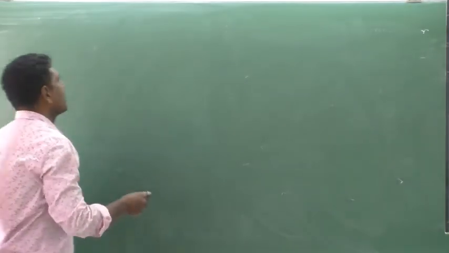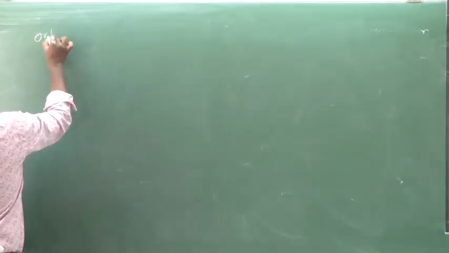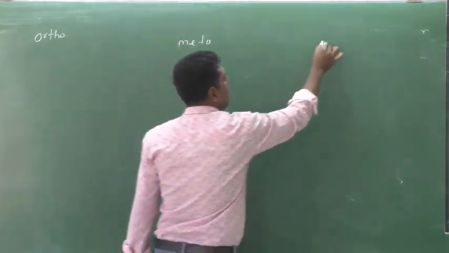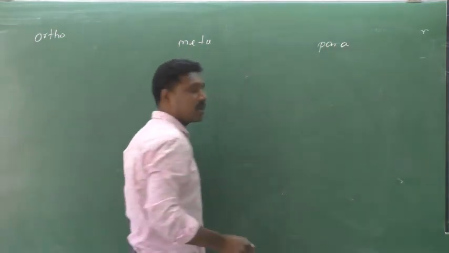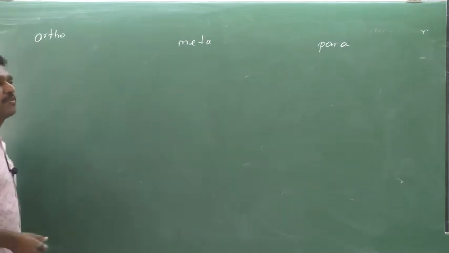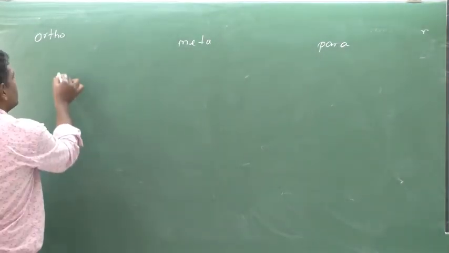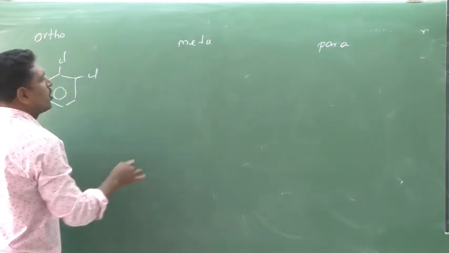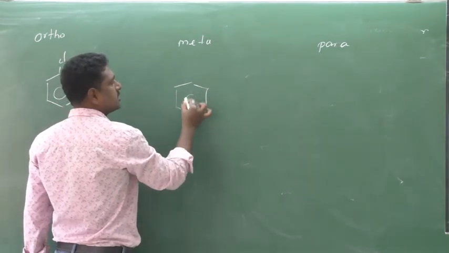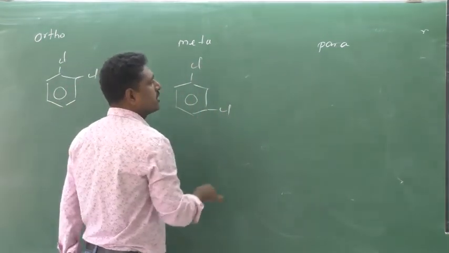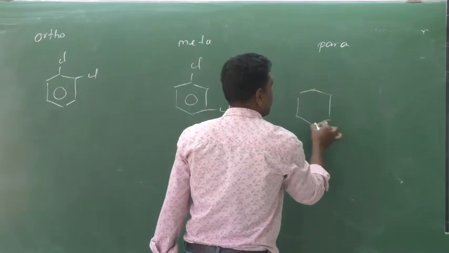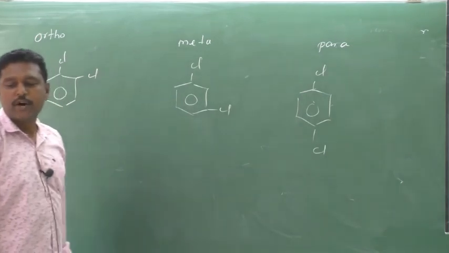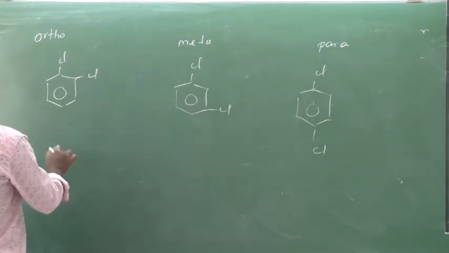I will take ortho dichlorobenzene, meta dichlorobenzene and para dichlorobenzene. So this is ortho dichlorobenzene, this is meta dichlorobenzene and this is para dichlorobenzene.